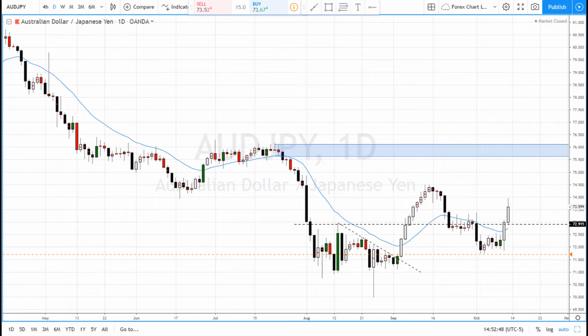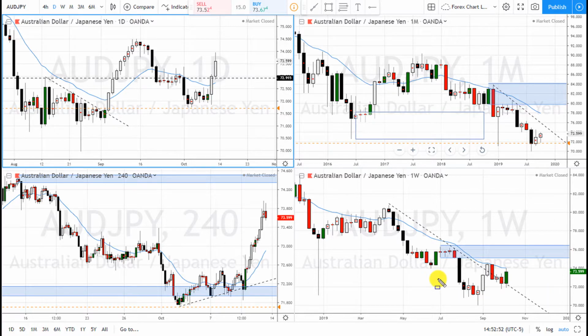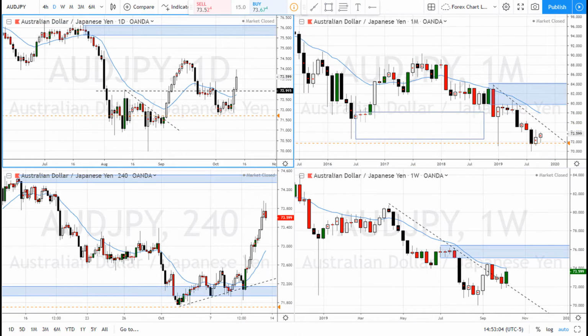Let's see. Expecting price to hit here. Price to touch here, which it will touch up here.